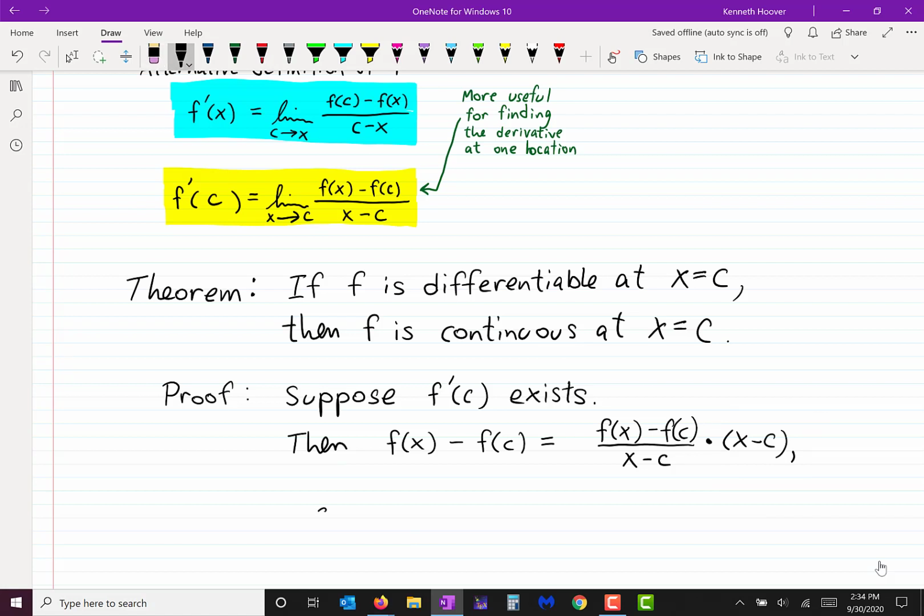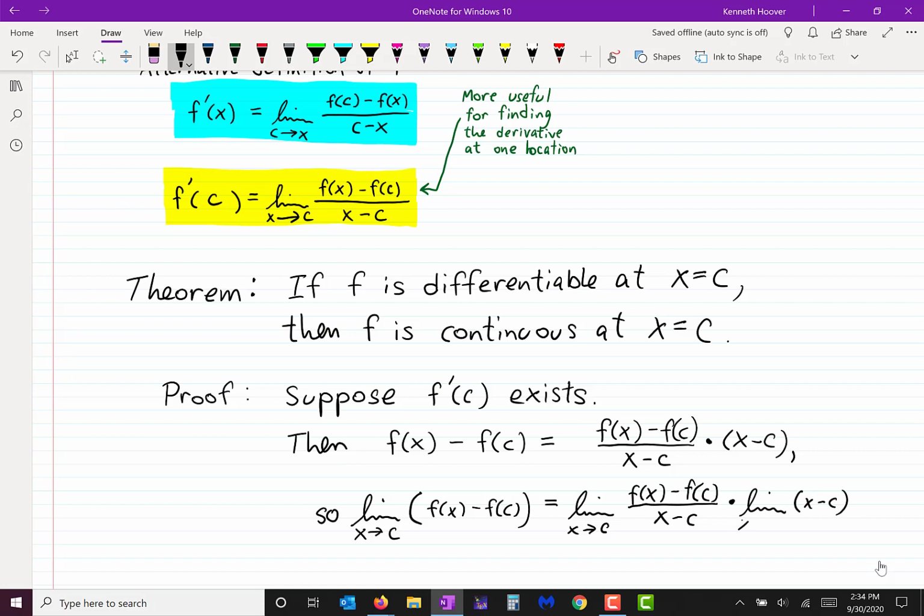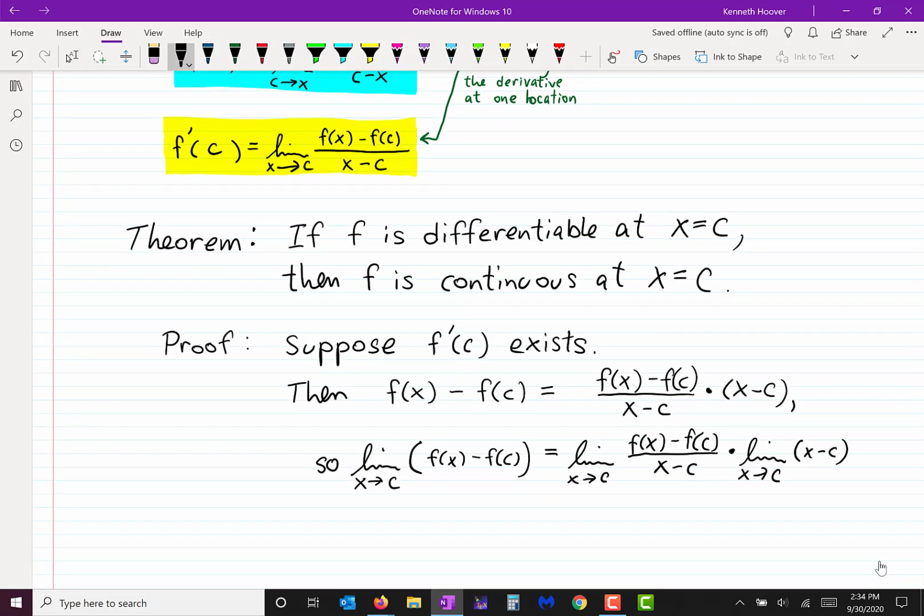So we can say the limit of f of x minus f of c, the limit as x approaches c, would equal the limit of f of x minus f of c over x minus c times the limit of x minus c, which would be f prime of c times 0, which would equal 0. Any number times 0 is 0.